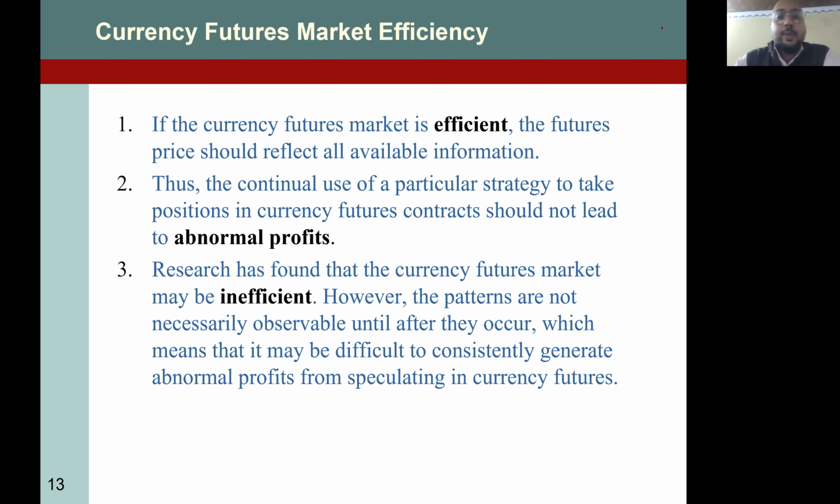So now, currency future market efficiency. If the market is efficient, the future price should reflect all the available information. What does it mean?